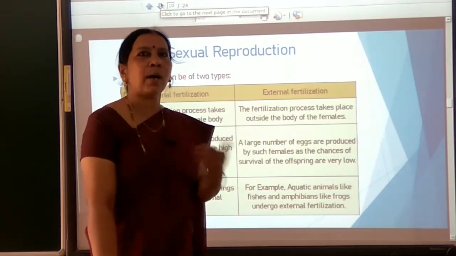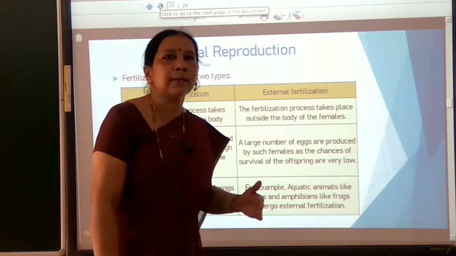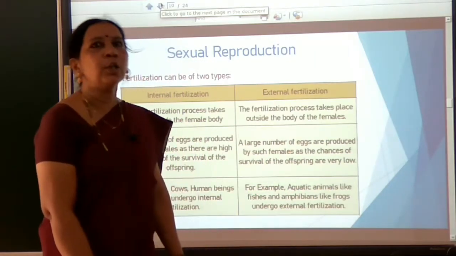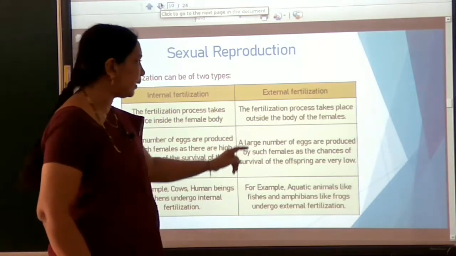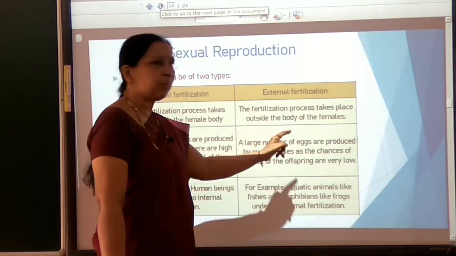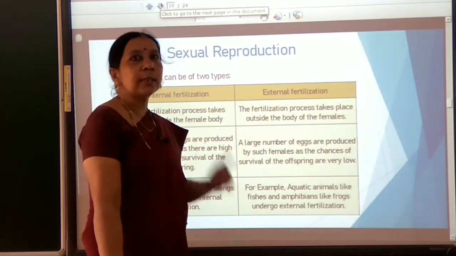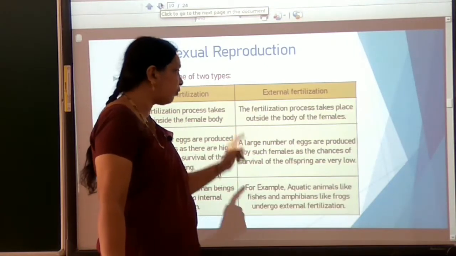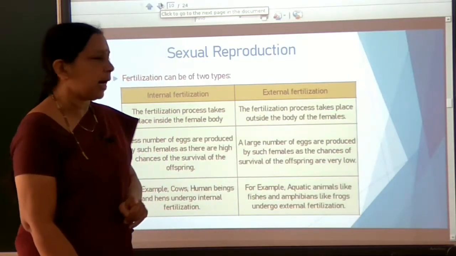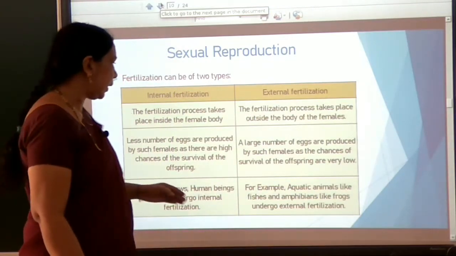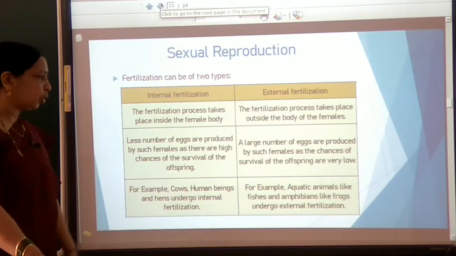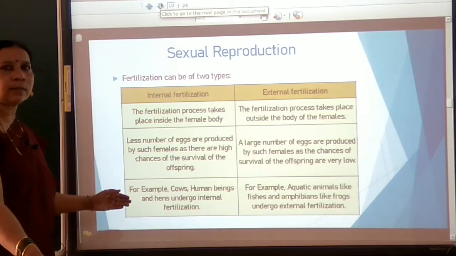Not only that, some other aquatic animals eat them also. So the survival chance of the offspring is low. So what is the other difference here? In external fertilization, the females produce a large number of eggs. Even then, the chances of survival of the offspring are very low.